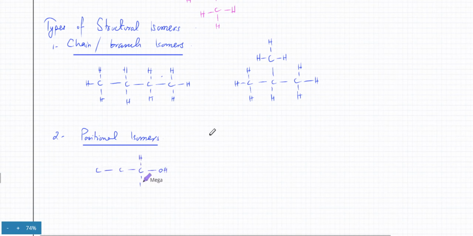And these are my hydrogen atoms. So the second thing that I can do is to get a different structural formula, in which the OH is attached differently. I'm not going to change the carbon chain. Okay? If I change the carbon chain, then it's going to be called branch isomers. The other thing that I can do is, the OH is attached at the end, I'm going to attach it at position number 2 now.